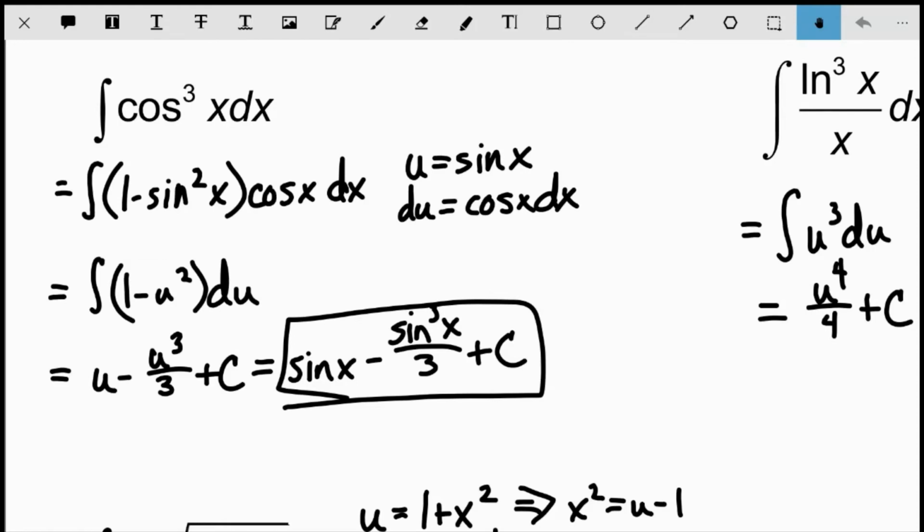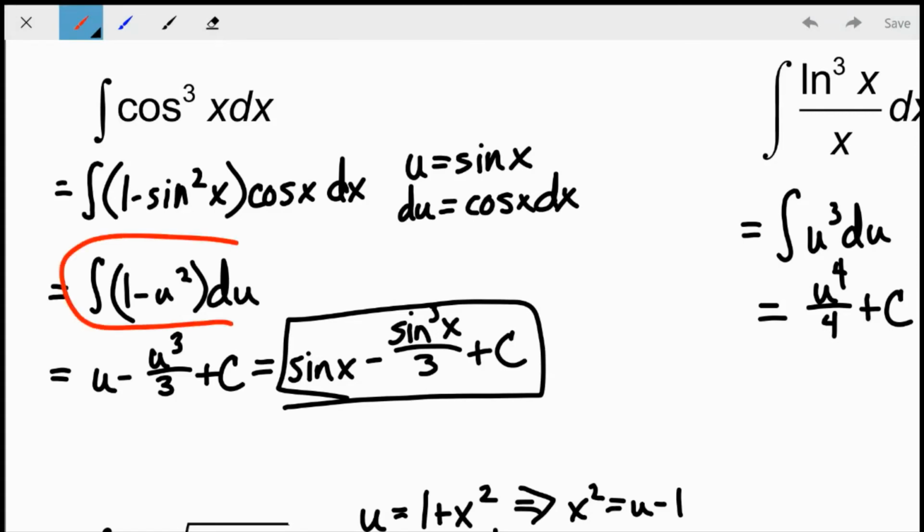With cosine squared, I can rewrite that as 1 minus sine squared using a Pythagorean identity. And from there, now I can do my substitution. You can see I made my u sine, I made my du cosine x dx. And what looked really difficult is now a very, very simple integral to solve just with the power rule. Okay, so in the end, I got sine x minus sine cubed x over 3 plus c.